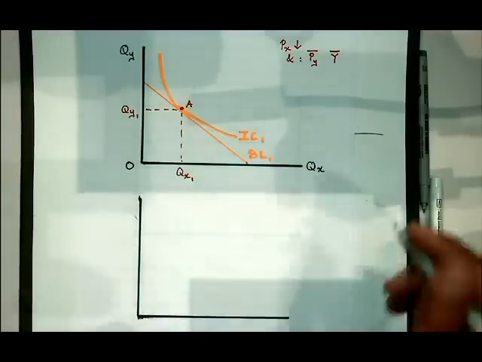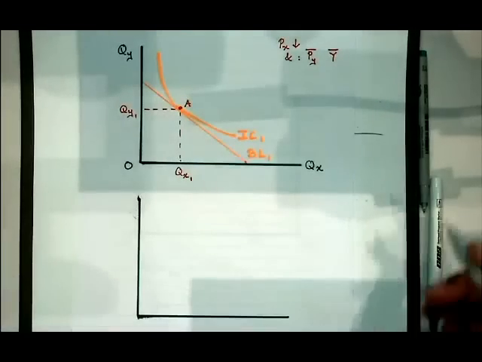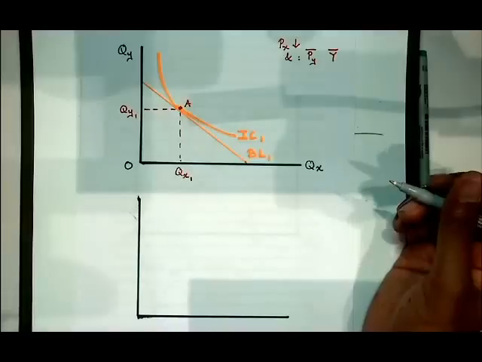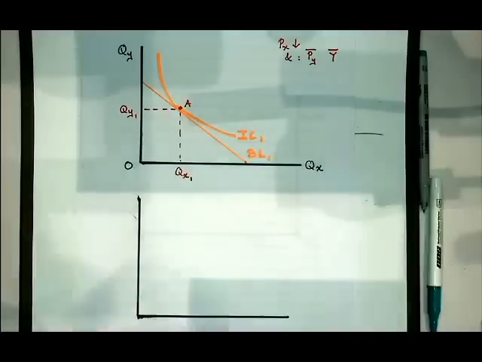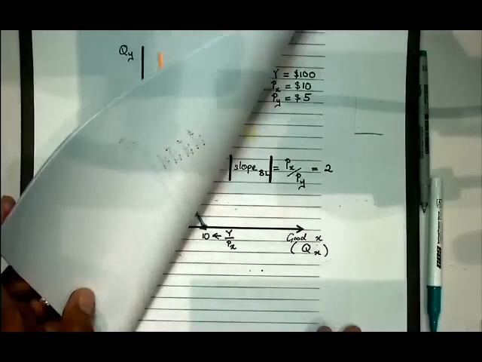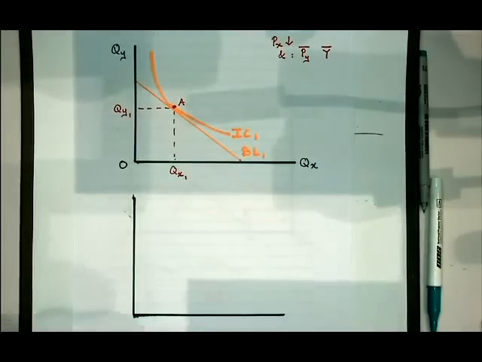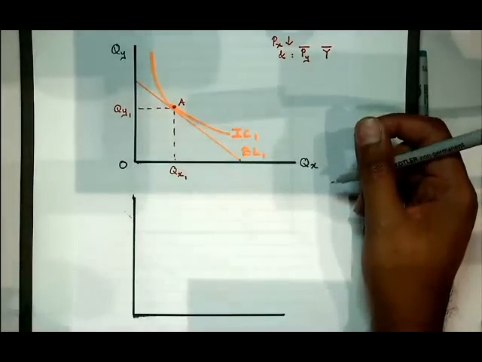So I think we had burgers were $10. Let's say burgers fall in price to, what's an easy number? $12.50. No, that's not falling, that's rising. $7.50.